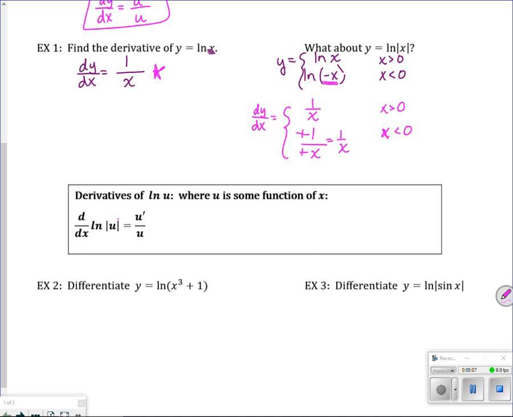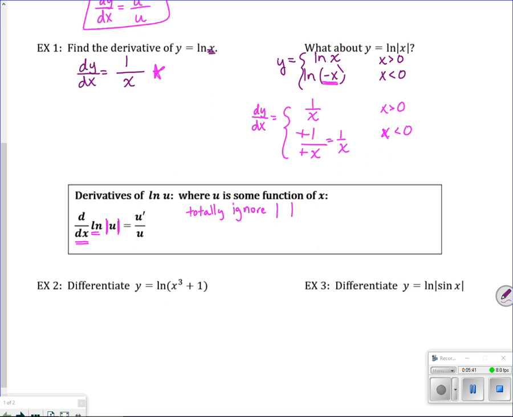You can totally ignore the absolute values when taking the derivative of a natural log. That's all I'm talking about. If you're taking the derivative and you have a natural log, then even if the argument has an absolute value around it, you totally pretend like it's a parentheses, you totally ignore it. It has no effect or bearing on your answer.